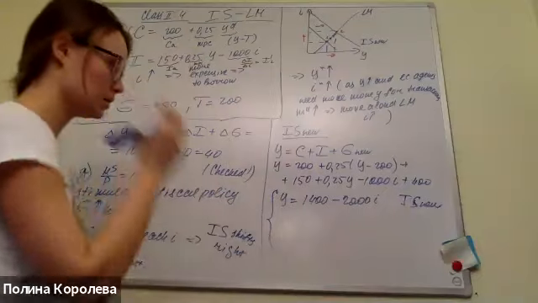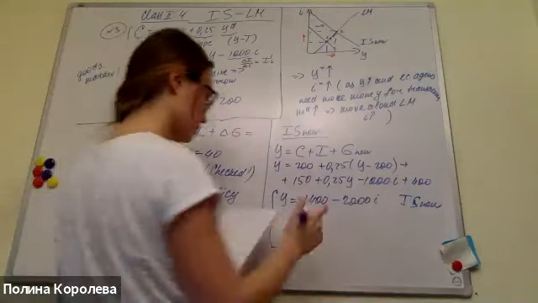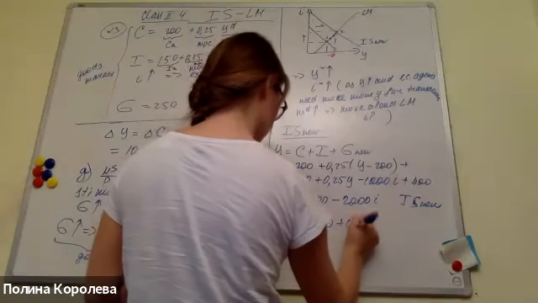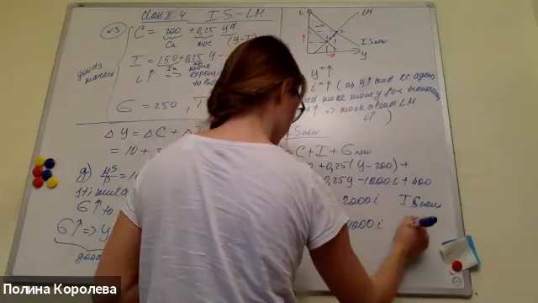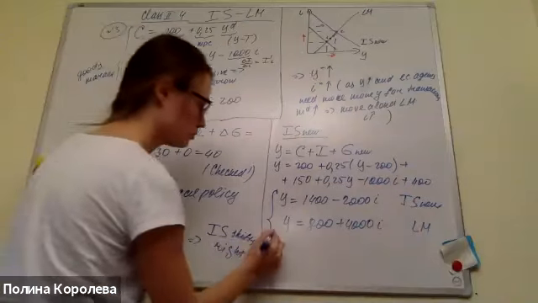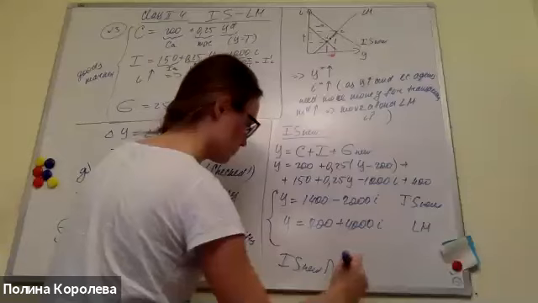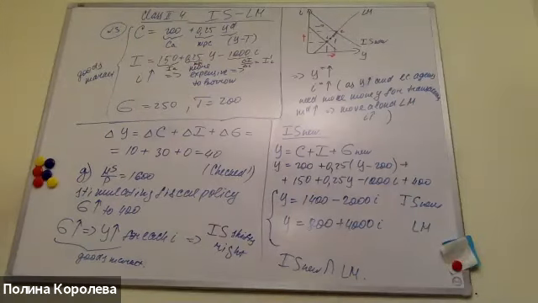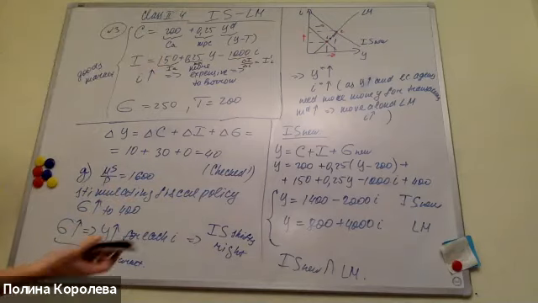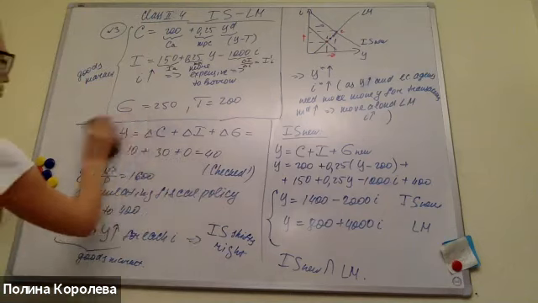Let us write down the system with the old LM and then cross them. The old LM was y equals 800 plus 4000 i. This was LM. And now cross them, and we will find new levels of GDP and interest rate.